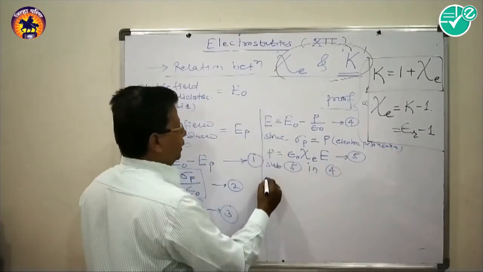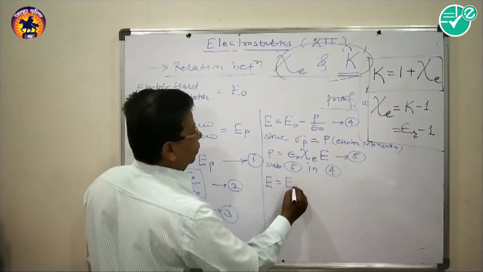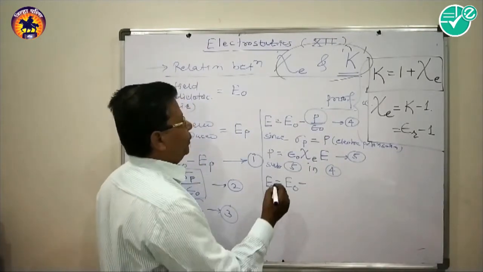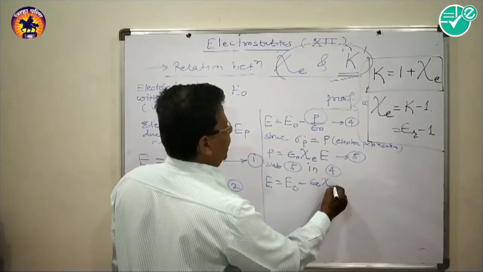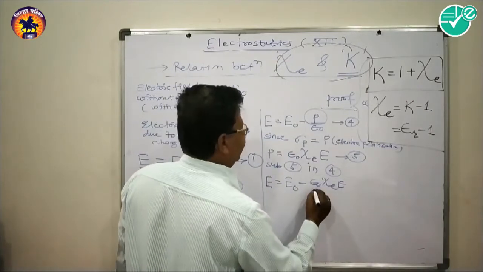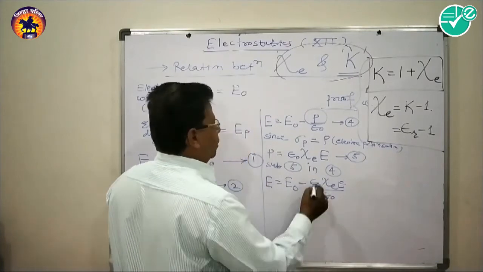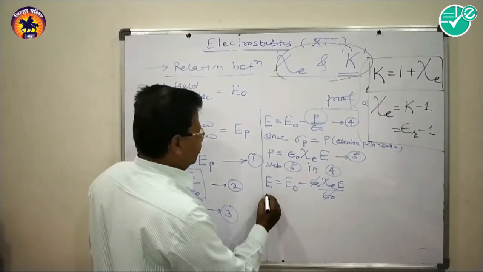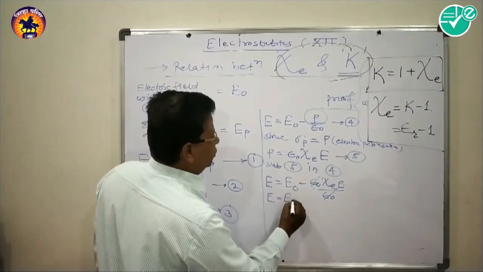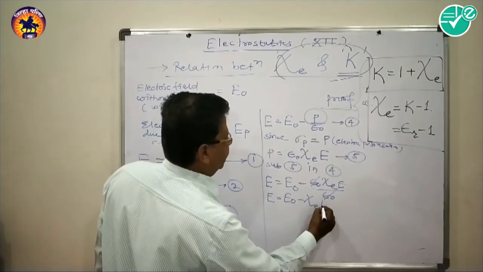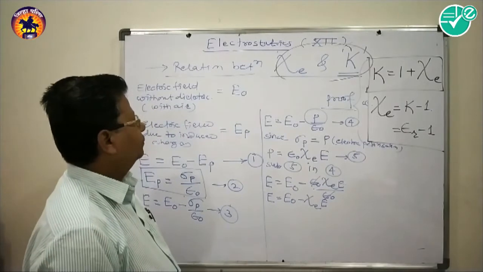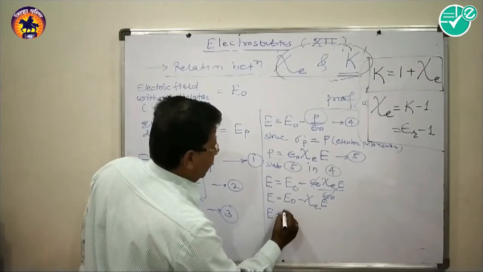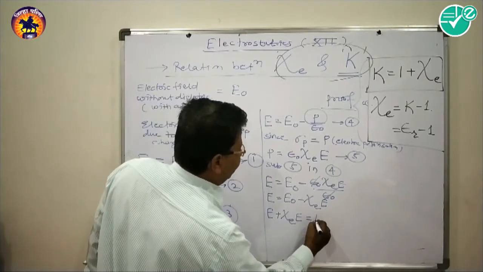So substituting equation 5 in equation 4, we get E is equal to E0 minus the value of P, which is epsilon 0 Chi E into E, divided by epsilon 0. So this epsilon 0 gets cancelled, and the remaining terms are E is equal to E0 minus Chi E into E. And we write again E plus Chi E into E is equal to E0.